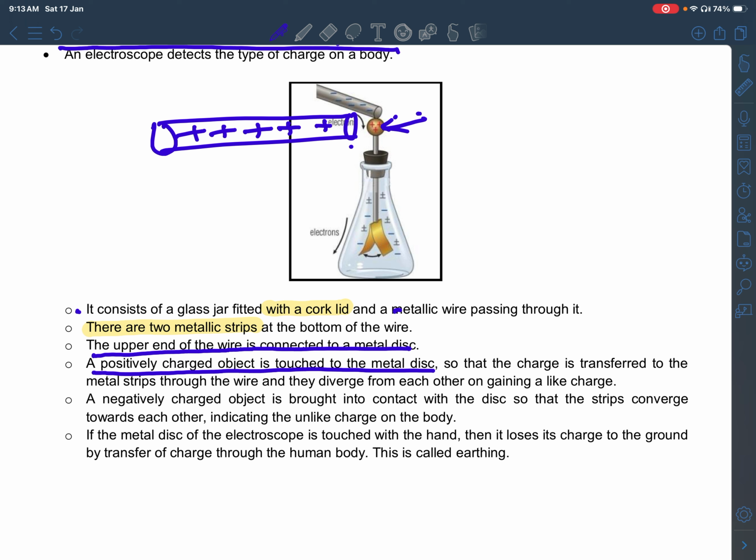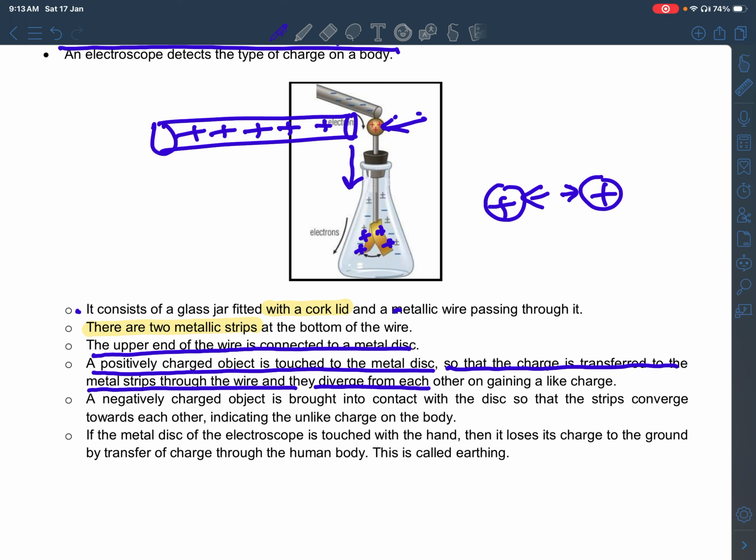The positive charge moves down the rod and accumulates over the strips. As you know, the same charges when they come close to each other repel each other, so the charges transferred to the metallic strips through the wire diverge from each other.